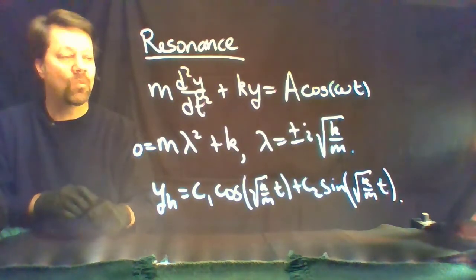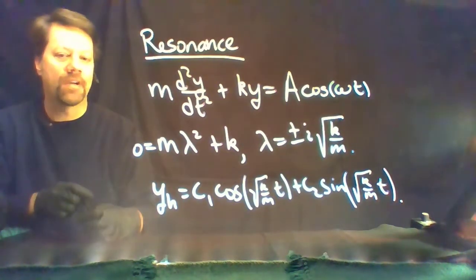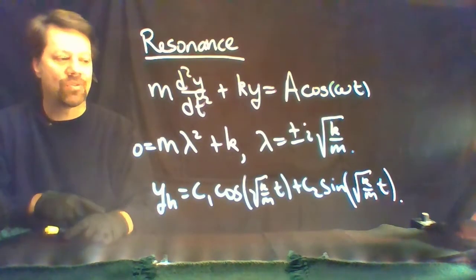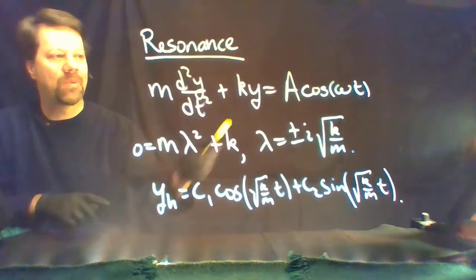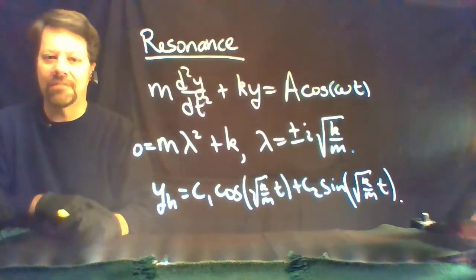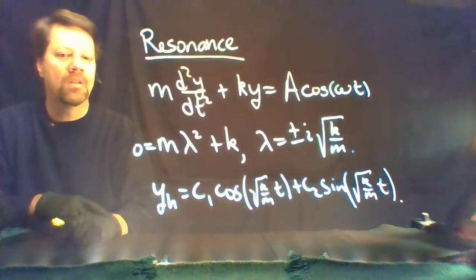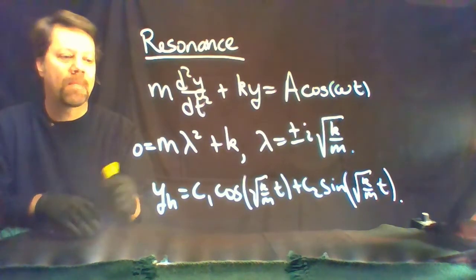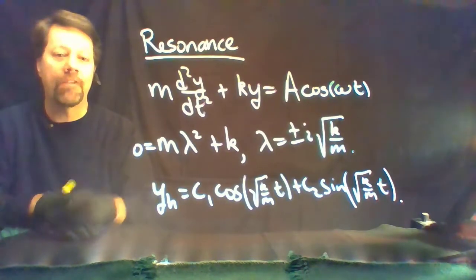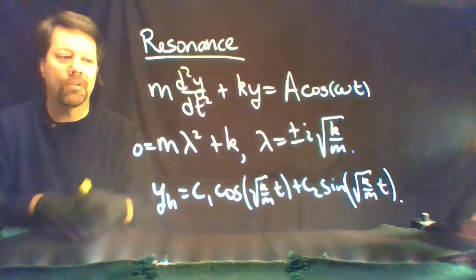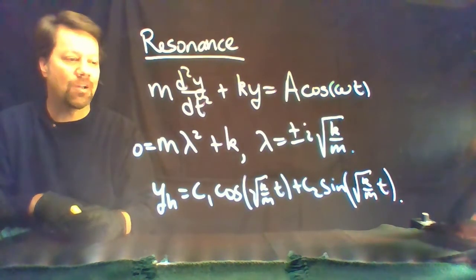So you can see that without the forcing function, we get these natural oscillations that go on and on. Now, what happens when we throw in this forcing function? To determine that, we need to use either the method of undetermined coefficients or variation of parameters in order to solve this non-homogeneous part.